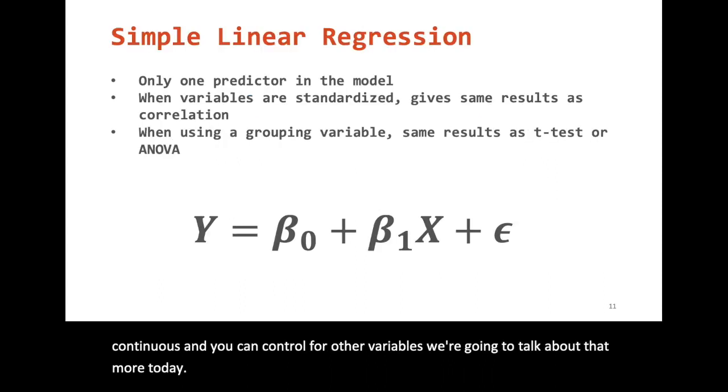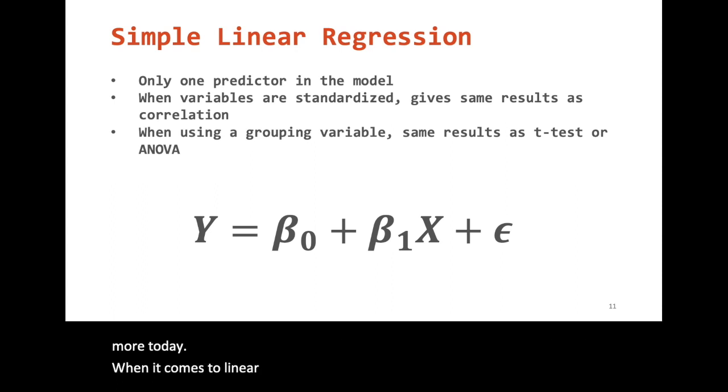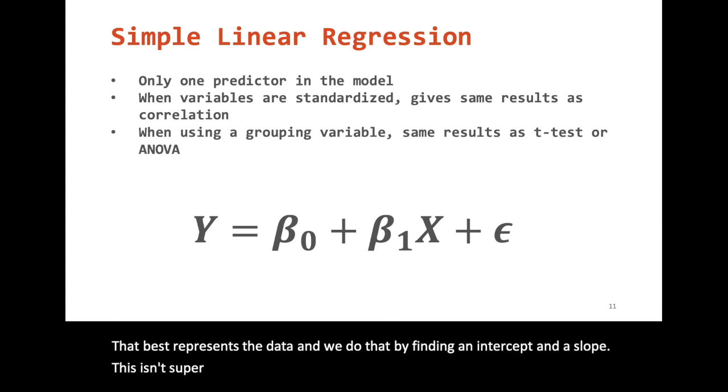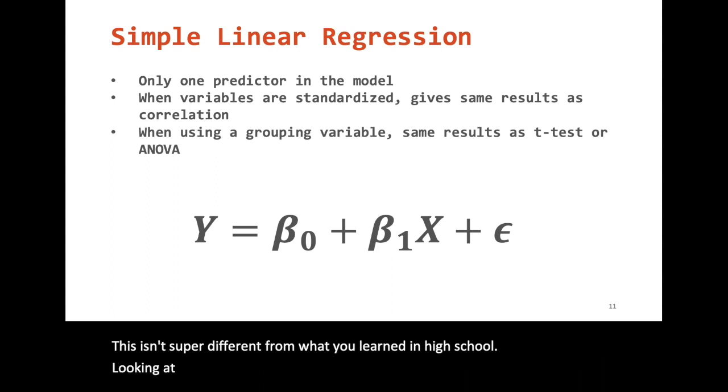When it comes to linear regression, we're finding the line that best represents the data. We do that by finding an intercept and a slope. This isn't super different from what you learned in high school, looking at slopes and intercepts of lines. For a simple linear regression, there's only one predictor in the model.